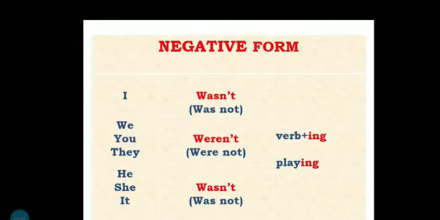So the past continuous in the negative form: I plus wasn't or was not plus verb plus ing. For example, I wasn't playing. We or you or they plus weren't or were not plus verb plus ing. We weren't playing. He or she or it plus wasn't or was not plus verb plus ing.